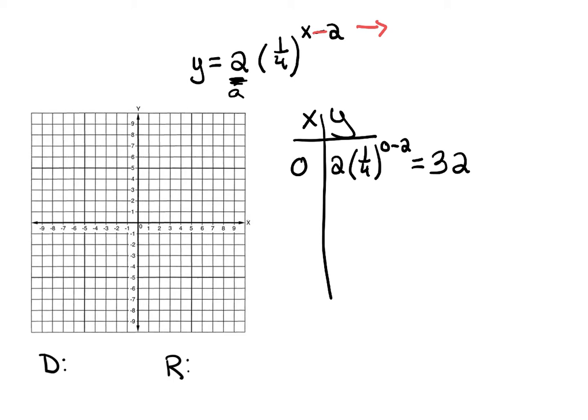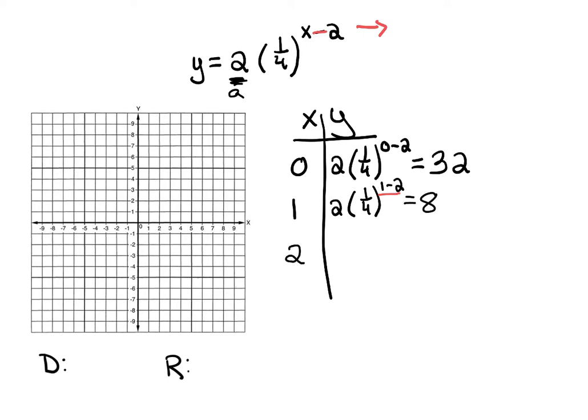So that's going to go off my graph. If I plug in 1, 2 times 1/4 to the power of 1 minus 2. So do your exponent. 1 minus 2 is negative 1. When you plug that in, you are going to get a positive 8. So we can graph that.